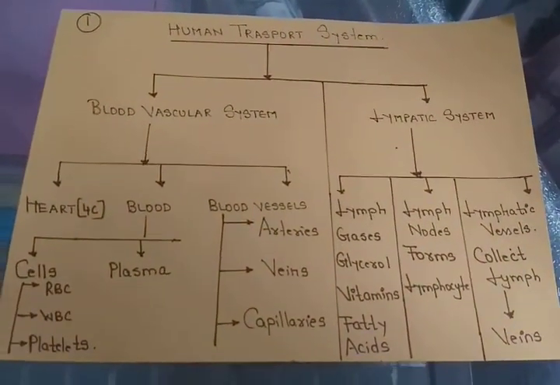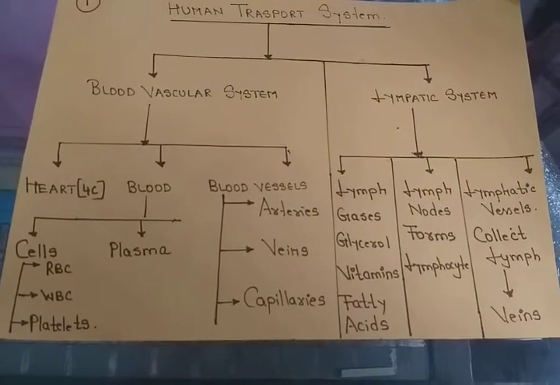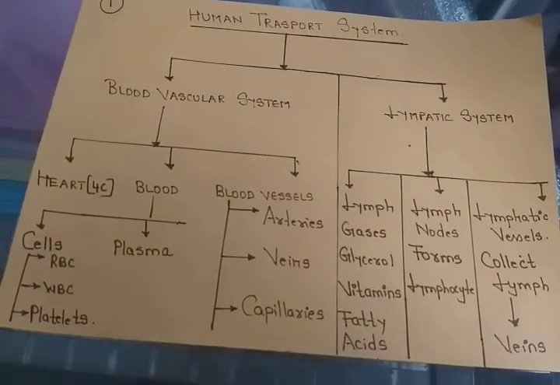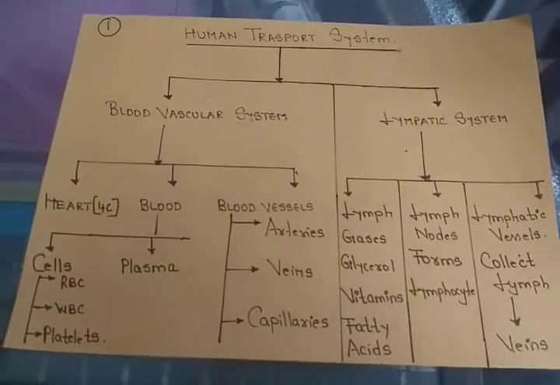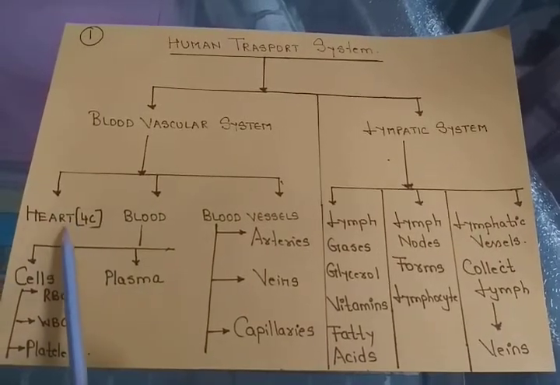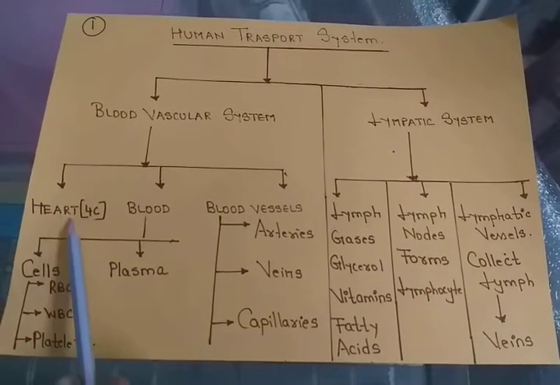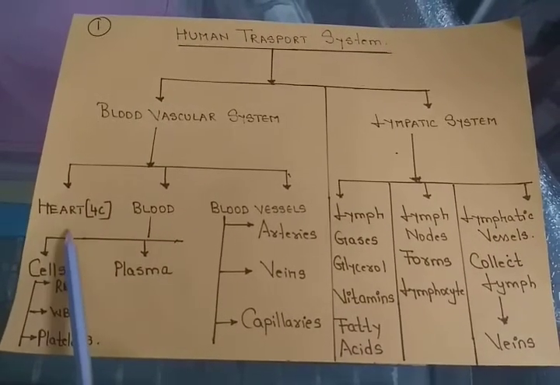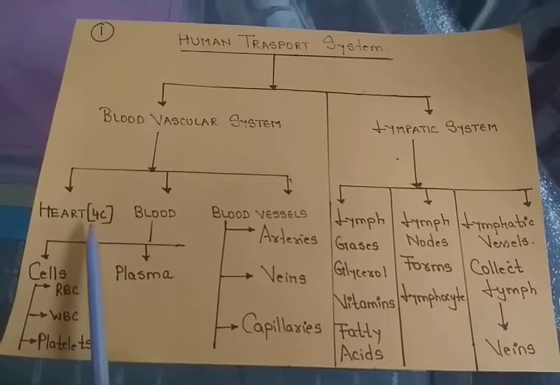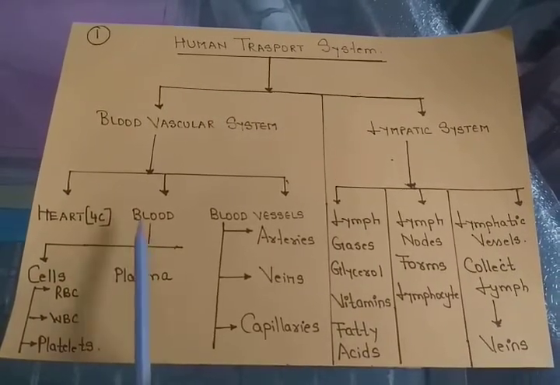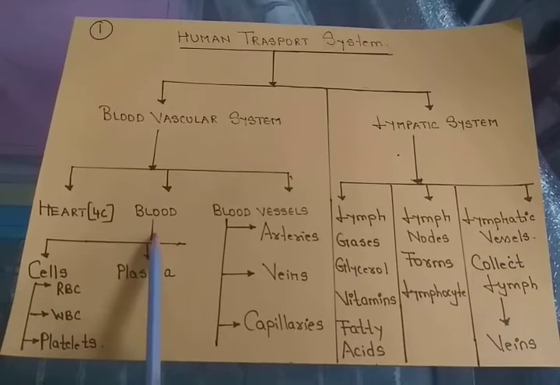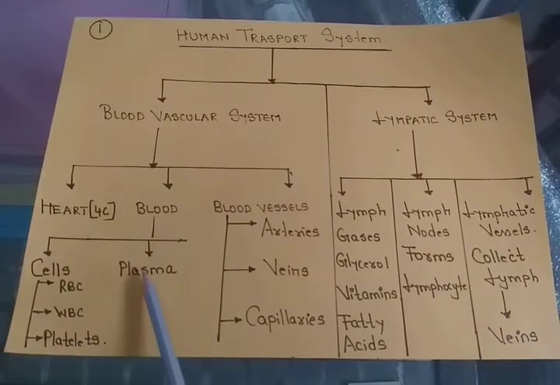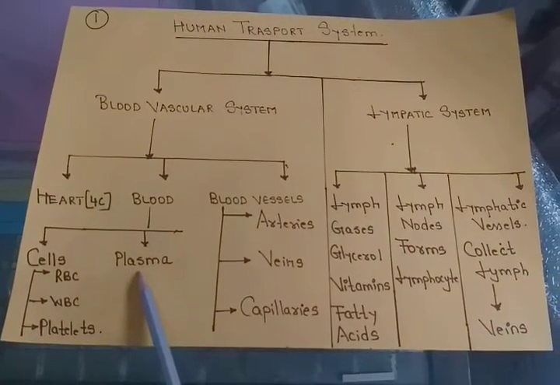Now the entire human transport system is divided into 2, that is blood vascular system and lymphatic system. Okay, the blood vascular system is comprised of a heart, which is the main pumping organ which pumps the blood from the heart to the body and from the body to the heart. Okay, the next, it contains blood, which we already saw. Blood contains blood cells, RBC, WBC, platelets, and blood plasma, which is a yellow color fluid.